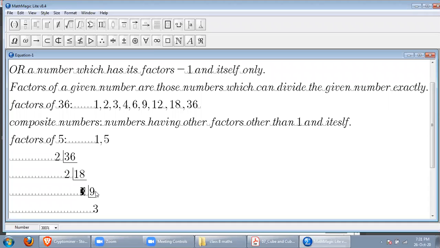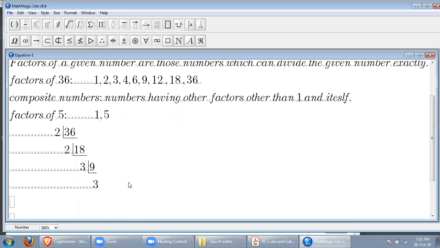Then you divide the new dividend, 9, that was the earlier quotient. Then in the next step, check whether the new quotient is a prime number. Yes, then finish. This is how this algorithm works. Do you follow what I'm saying? Yes.